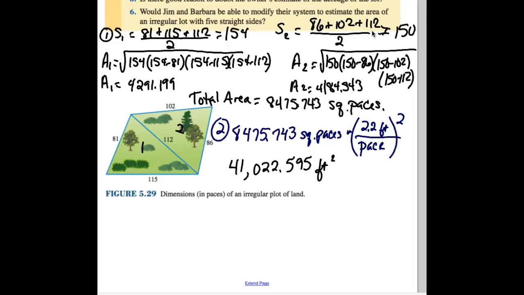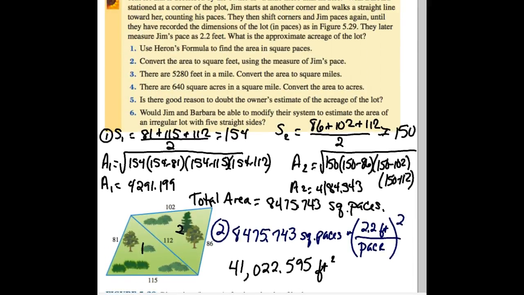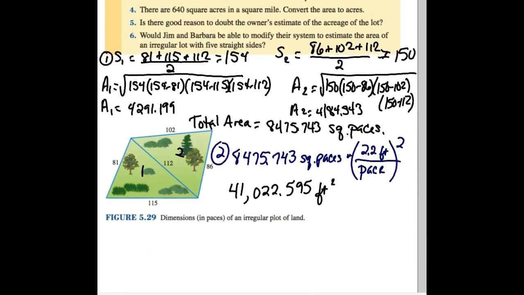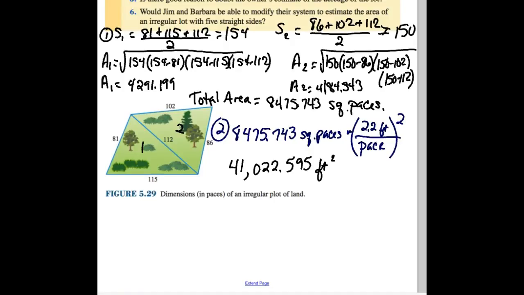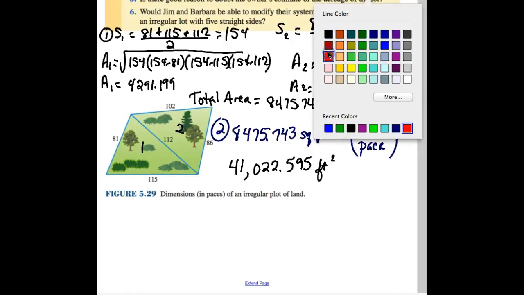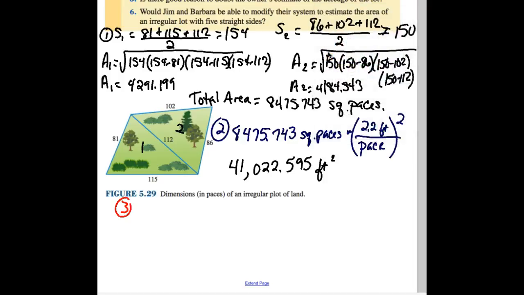Okay, part 3 then says there are 5,280 feet in a mile, so convert that into square miles. All right, so part 3, we have 41,022.595 square feet, and we want to convert it into square miles, and we know that 1 mile is equivalent to 5,280 feet.